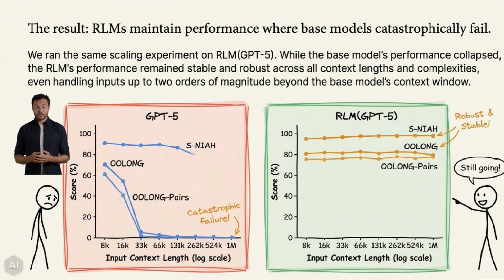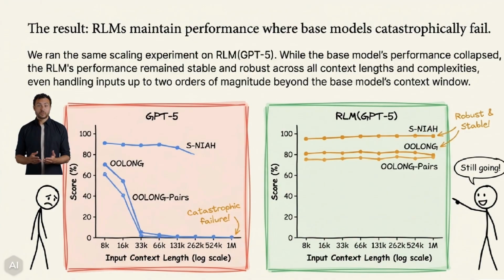On the right, RLM GPT-5 tells a very different story. Scores stay high and remarkably flat across context lengths, even as they push all the way to around 1 million tokens. In other words, the RLM remains stable and robust, handling inputs up to 2 orders of magnitude beyond the base model's context window.